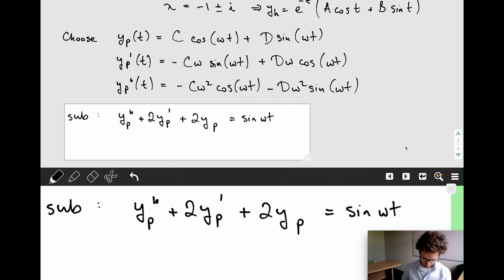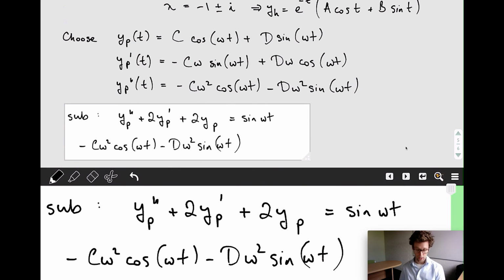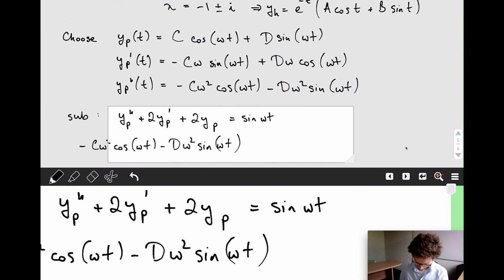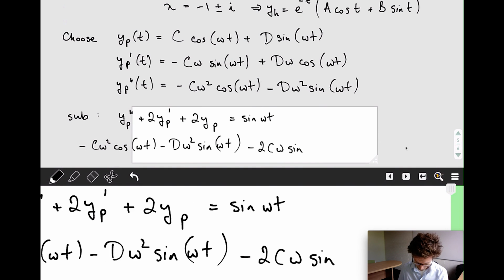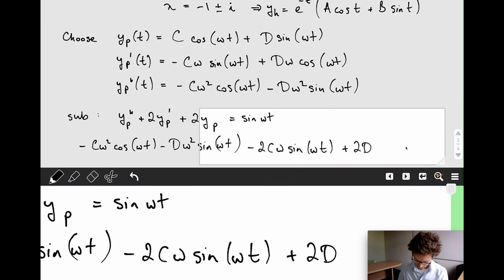So I'm going to get yp double prime, that was minus c omega squared cosine omega t minus d omega squared sine omega t, plus 2yp prime, so that's going to give me minus 2c omega sine omega t plus 2d omega cosine omega t.